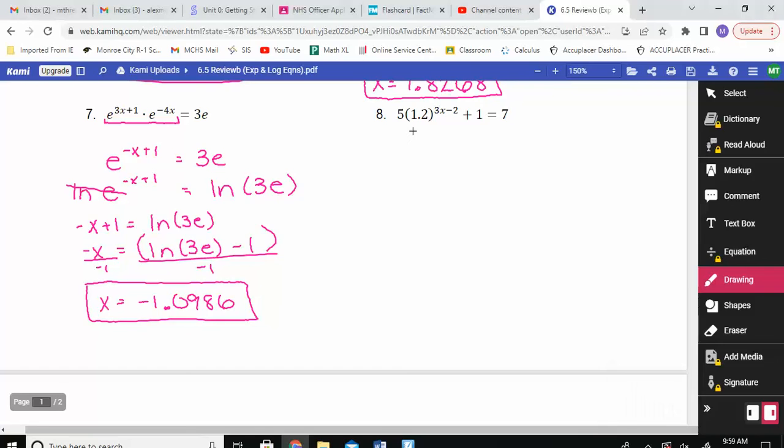Subtract. And then, divide those by. Okay. Now what? Add logs. Okay.